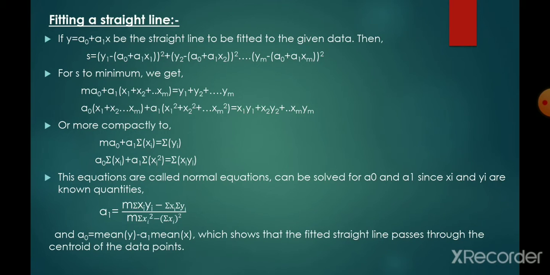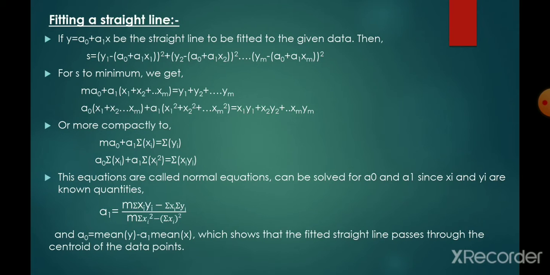m a0 plus a1 into (x1 plus x2 plus etc plus xm) equal to y1 plus y2 plus etc plus ym. Then a0 into (x1 plus x2 plus etc plus xm) plus a1 into (x1 square plus x2 square plus etc plus xm square) equal to x1y1 plus x2y2 plus etc plus xmym.